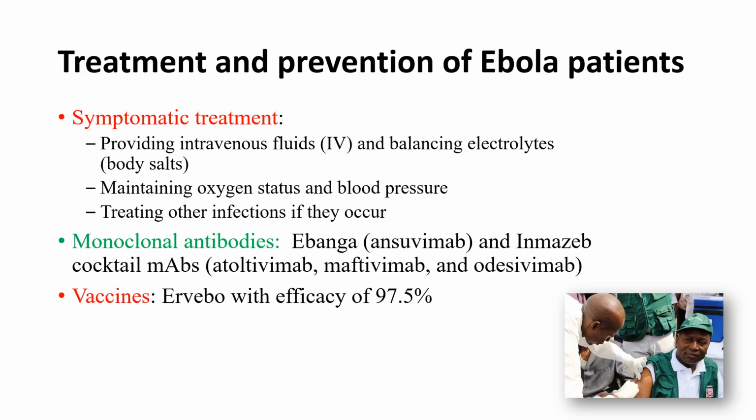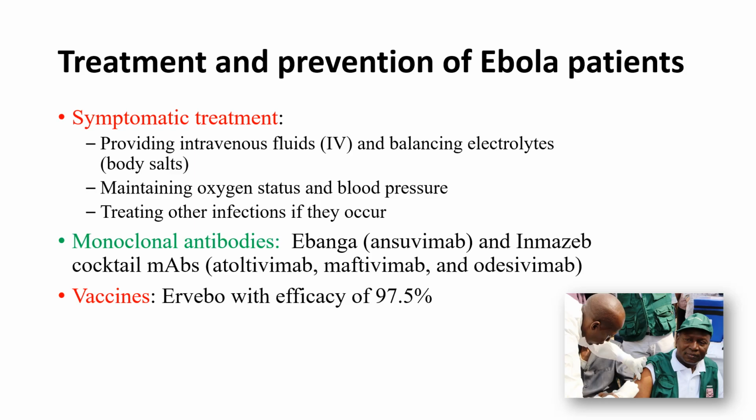Until recently, there was no approved antiviral drug treatment for Ebola, despite its significant burden in particularly Africa, as I mentioned before. So symptomatic treatment, and still symptomatic treatment, is very important for preventing death by Ebola.